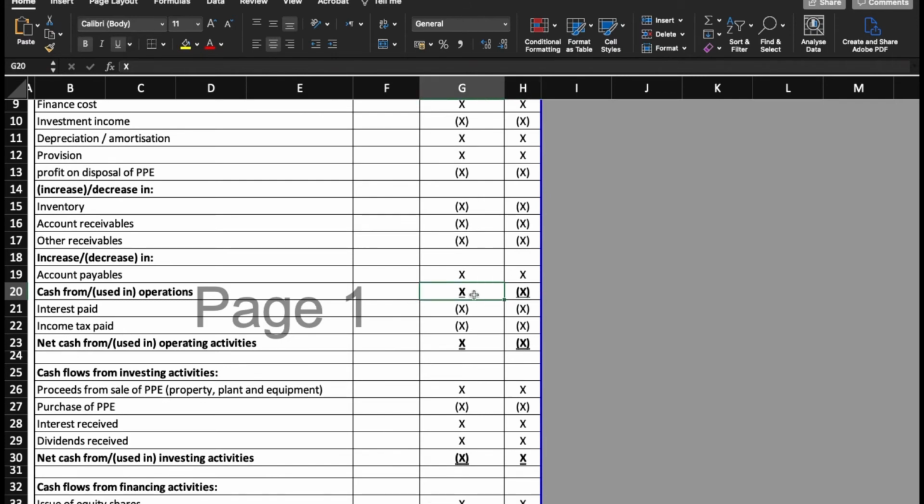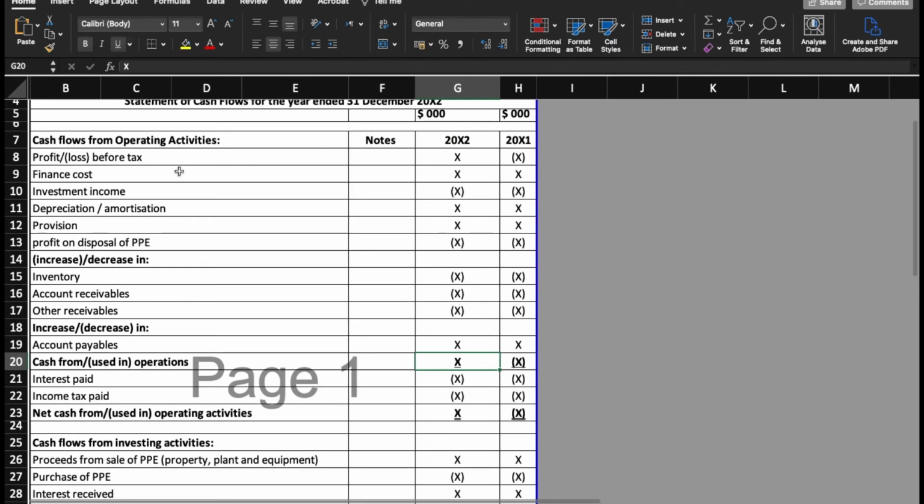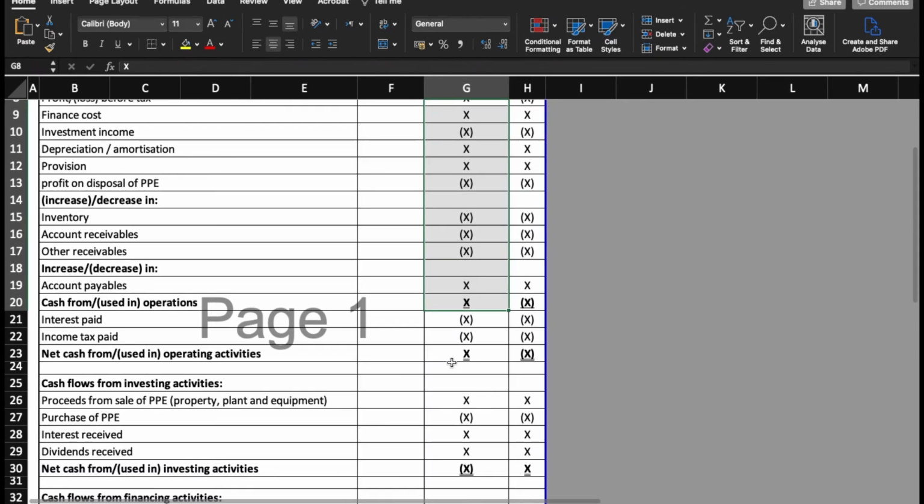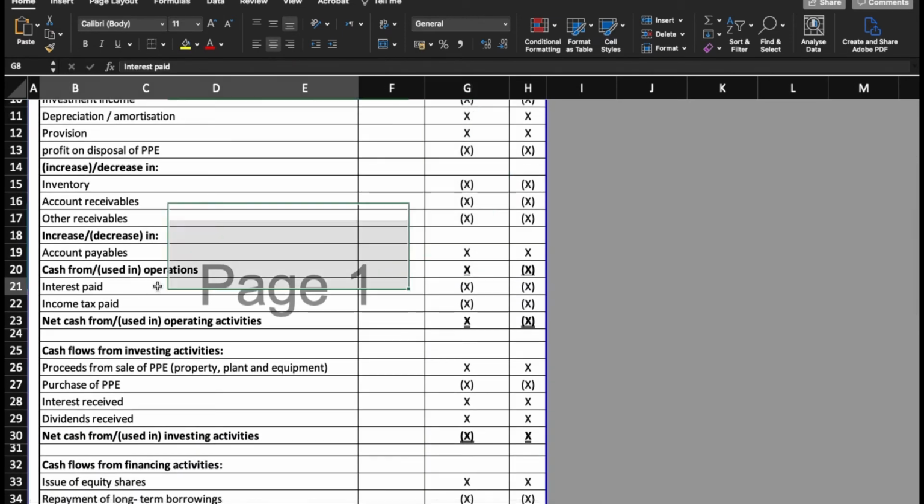So the total of this till here will give us either cash from or cash used in. Then we need to deduct interest paid, and we need to deduct income tax paid as well. And then the total of all these figures gives us net cash from or used in operating activities.